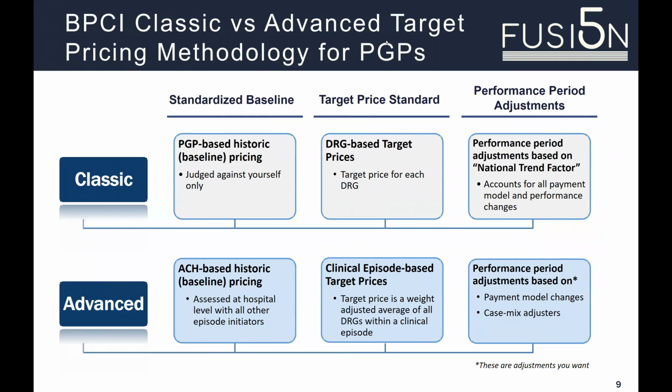So for example, a couple of subsets of this, they're going to look at the payment model changes, the fee-for-service changes. DRGs usually only go up, as we know, in cost. So if over time in your initial 4-year look back and then your 3-year ongoing, the costs have gone up with your DRGs, that's going to be factored for, as is the case mix that we've talked about. So these are all things that can come out in your performance period.